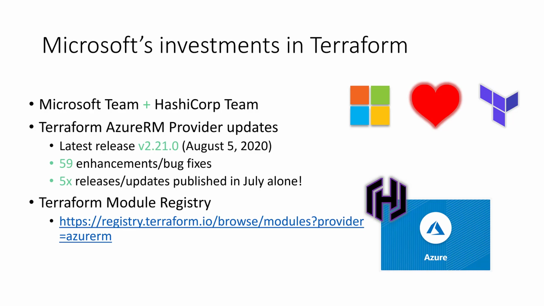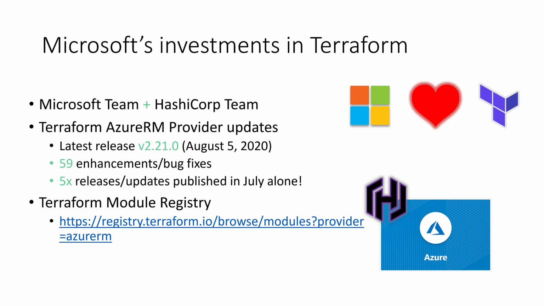So as an example, to show how much Microsoft invests in Terraform, the goal is for it to be what we call a first class citizen, where it is up there at the same level, on par with our Azure specific templating language called ARM. The latest release of the Azure provider for Terraform was August 5th. It's version 2.21.